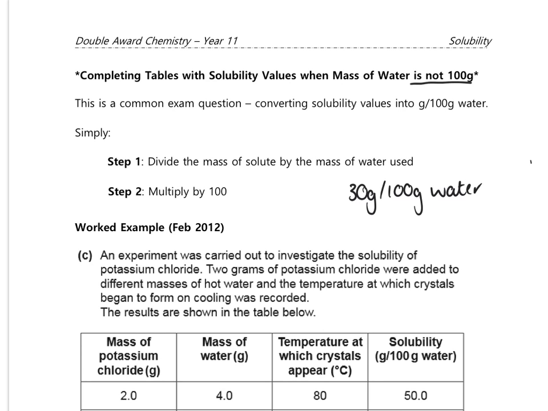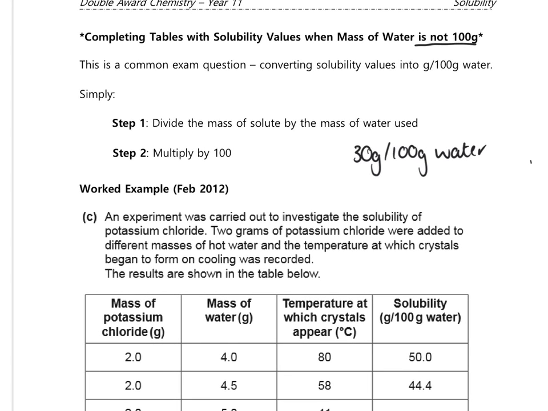But when determining solubility values, sometimes experimentally it's easier to use a smaller mass of water. So for example, we might find that 2 grams dissolves in 10 grams of water. What we need to work on doing now is converting those into solubility values, which are always per 100 grams of water.